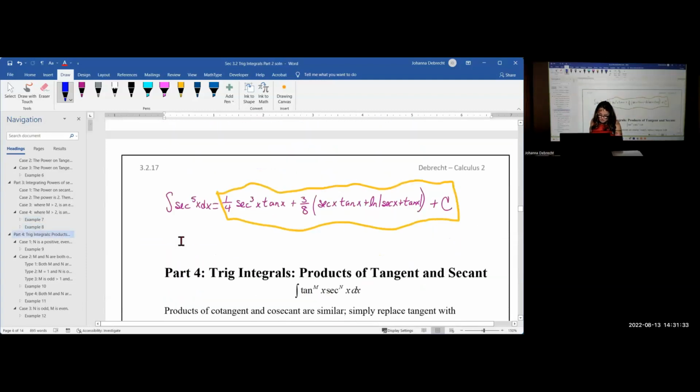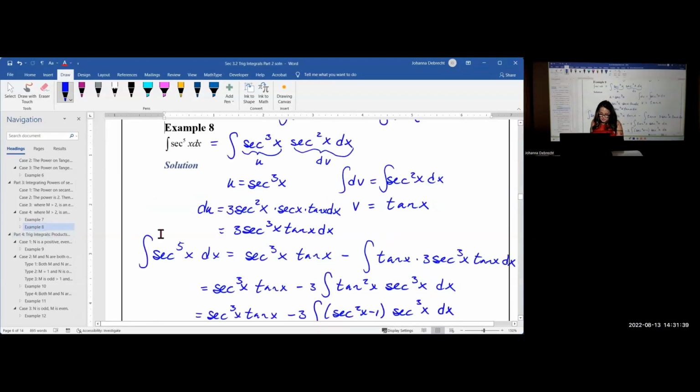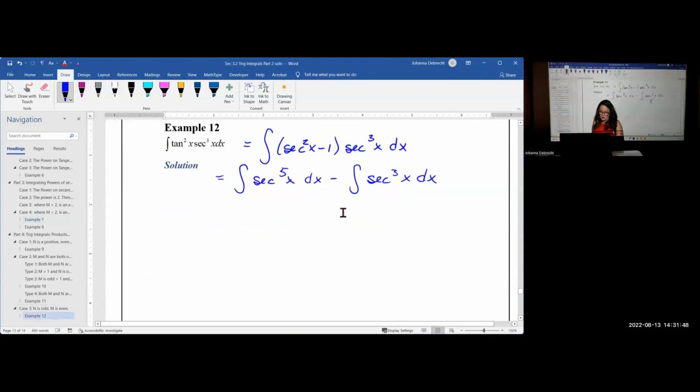And that came out to be this expression right here, which you would then add onto secant cubed, which is this one here. So it would be the difference of those two coming down here. All right, so I will leave it to you to do that one.